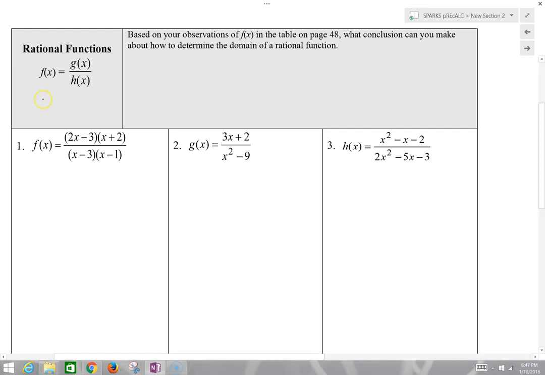So the conclusion would be that denominator cannot equal 0 any place where, and I'm going to say h of x because h of x is in the denominator and it's shorter to write, where h of x is equal to 0, the function is undefined.